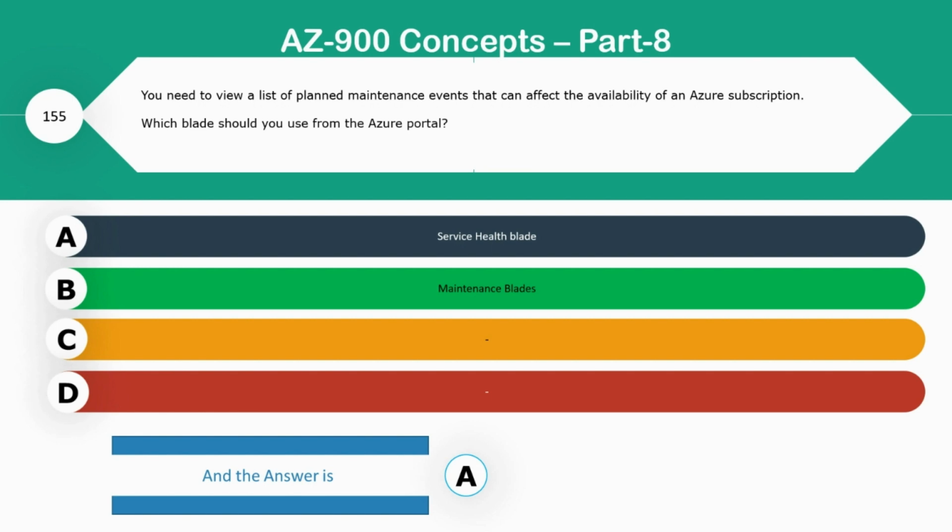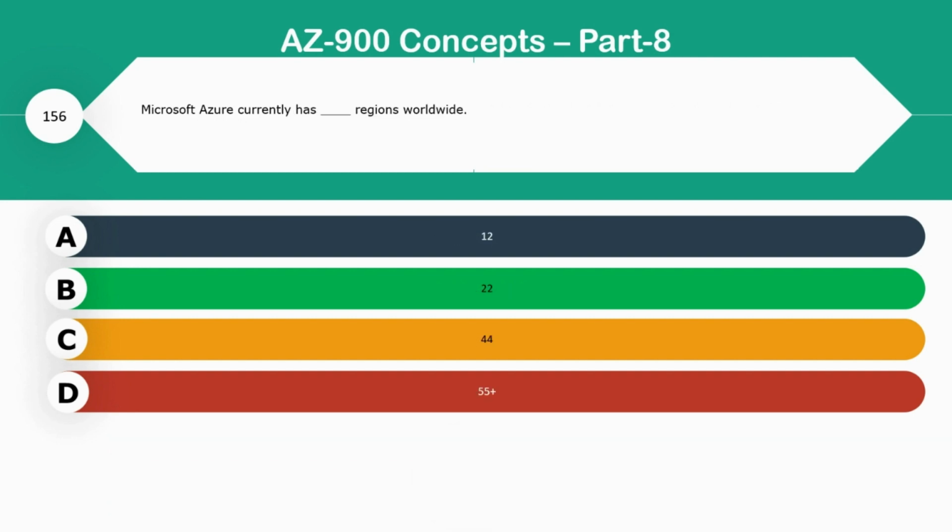Here, the Service Health blade provides a personalized view of the status of Azure services and regions, as well as information about incidents, planned maintenance, or any health advisories with respect to the resources or services. And so A is the right answer.